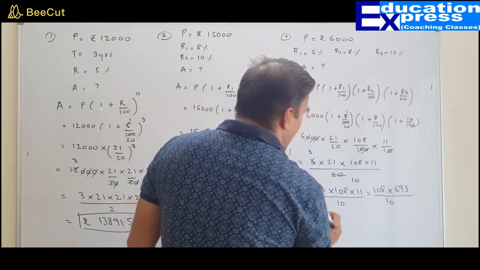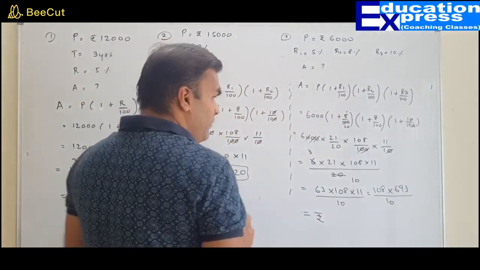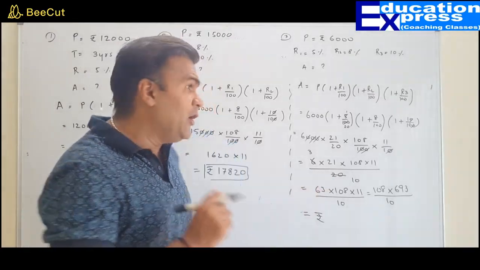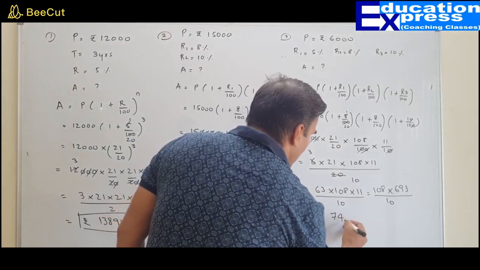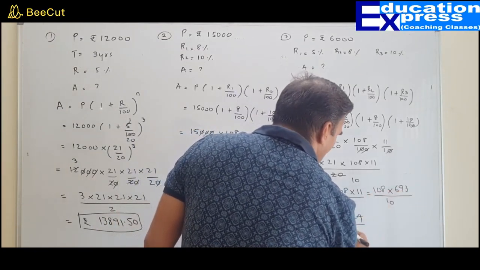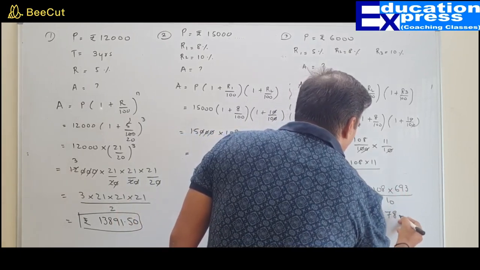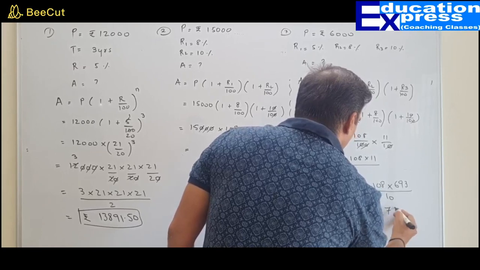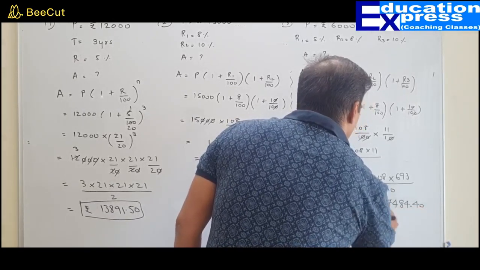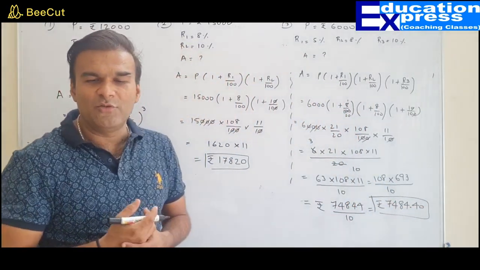And then finally, my dear friends, you'll have to do the calculation in such a way that you don't make any error. 108 multiplied by 693 is 74,844, and when you divide this by 10, that will give you finally rupees 7484.40. With this, my dear friends, your first 3 sums come to an end.